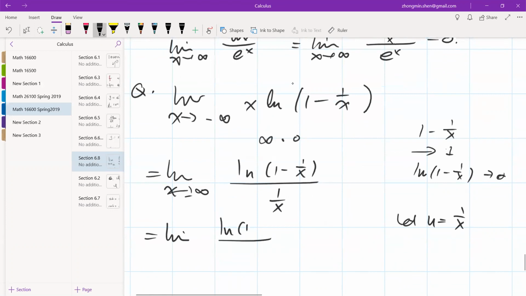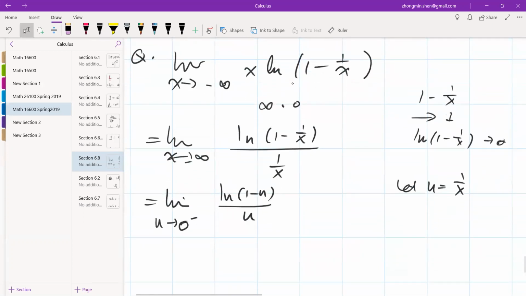So it's the natural log of 1 minus u, over u. Since x approaches negative infinity, 1 over x approaches 0 from the negative side. Maybe not necessarily needed, but for this limit I put u approaching 0 from the negative side.